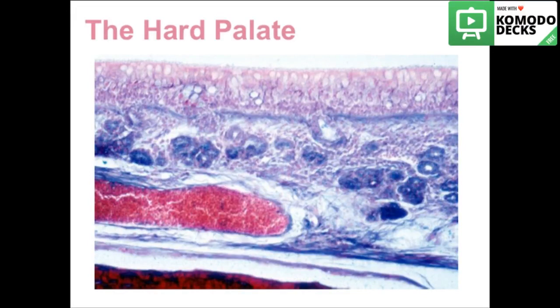The nasal part of the soft palate showing the presence of columnar epithelial cells, which are ciliated, with small goblet cells that are clear under the stain.